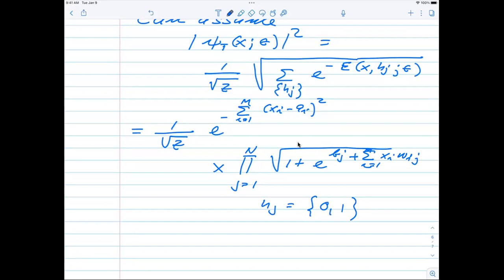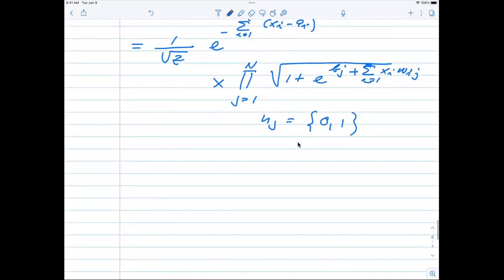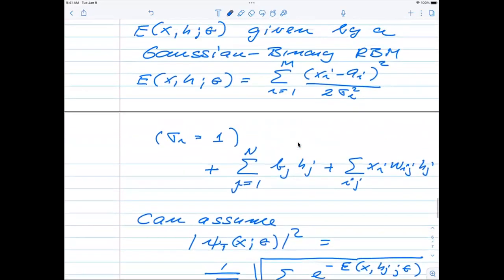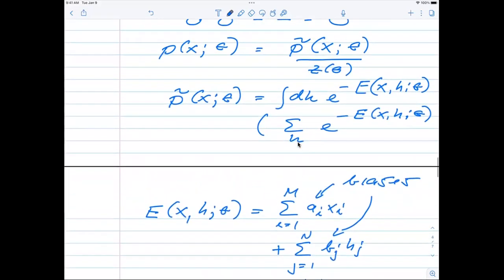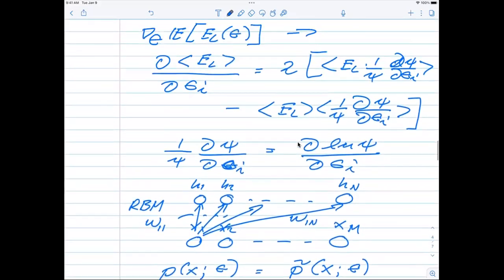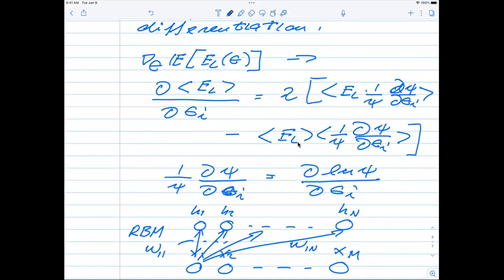Now, if you go into the Jupyter notebook, you will see the intermediate steps. I'm just setting up the final result here. So when I go back to the calculation of my log of psi, to the thing which we need to compute in the expectation value, what we need to calculate is this quantity here.